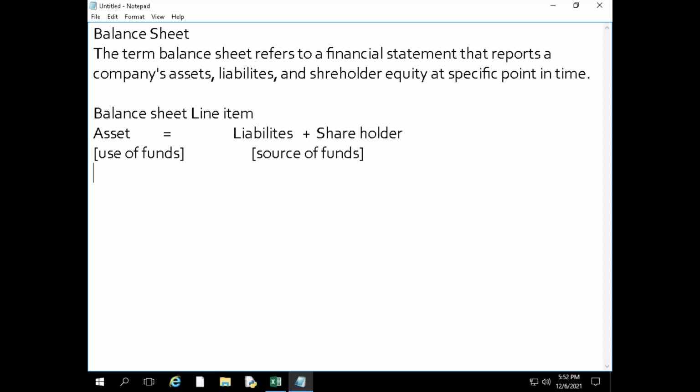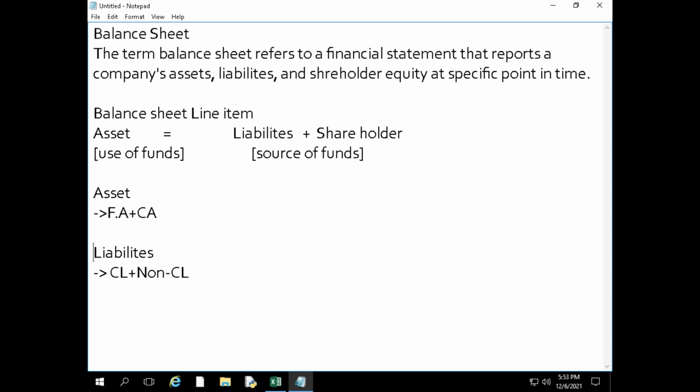Now when it comes to the asset, it has fixed assets plus current assets. Then we also have liabilities, which has current liabilities plus non-current liabilities.